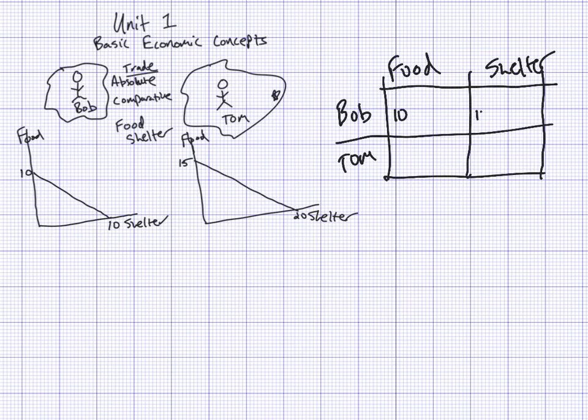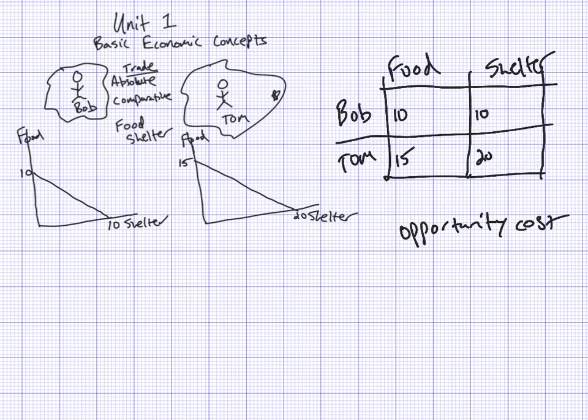If he just produced shelter, he could produce 10. So we want to look at opportunity cost. So what's the opportunity cost of producing one good? How much do I have to give up of the other good? It's what I have to give up. So Tom, on the other hand, he can produce 15 units of food and 20 units of shelter.